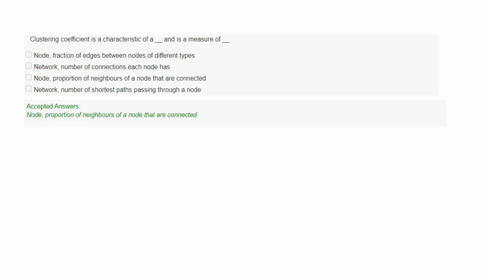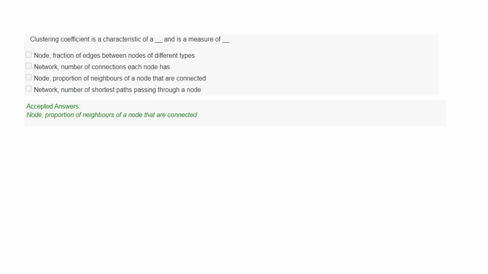First and foremost, clustering coefficient you always measure with respect to a node. If you want to measure the clustering coefficient of a network, you measure the clustering coefficient of each node and average them out. But in general, clustering coefficient only means something for a node. It is proportional to the number of neighbors of a node that are connected.